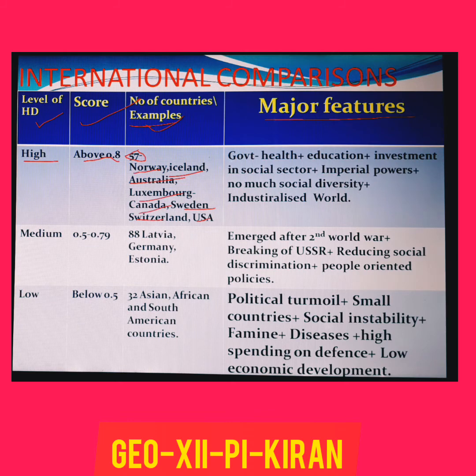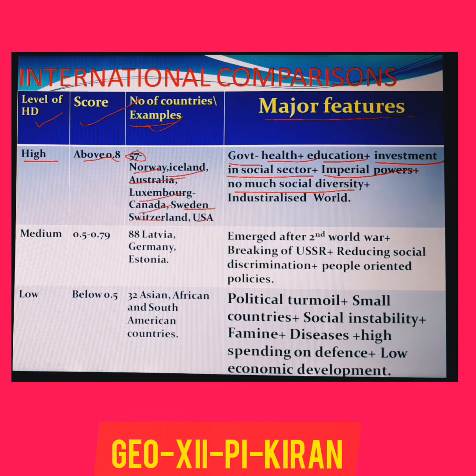Here the government gives a lot of importance to health and education, and they invest a lot in the social sectors. Most of these countries were once upon a time under imperial powers. Imperial power means ruled by kings. And in these countries, there is not much social diversity.